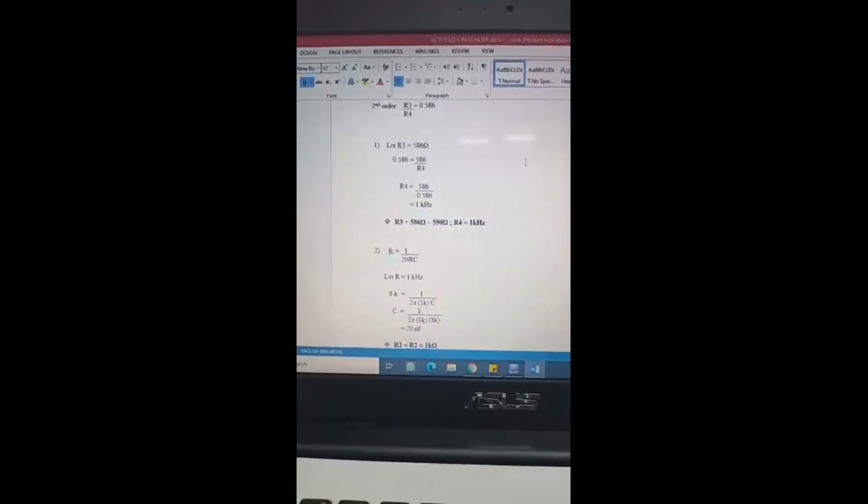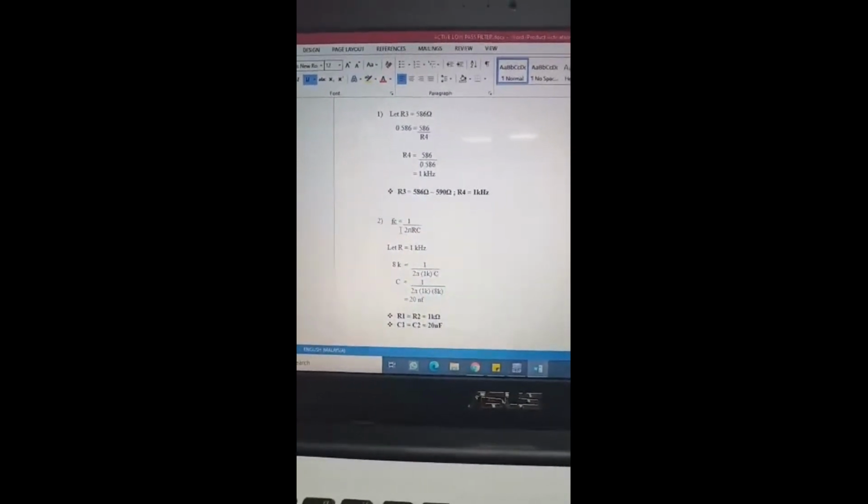In this circuit, they have not given the value of the capacitor. Thus, we have to find the value of the capacitor. Using the formula Fc equals 1 over 2 pi RC, let R equal 1 kilo ohm. Then we solve the equation. We find out that the capacitor is 20 nanofarad.